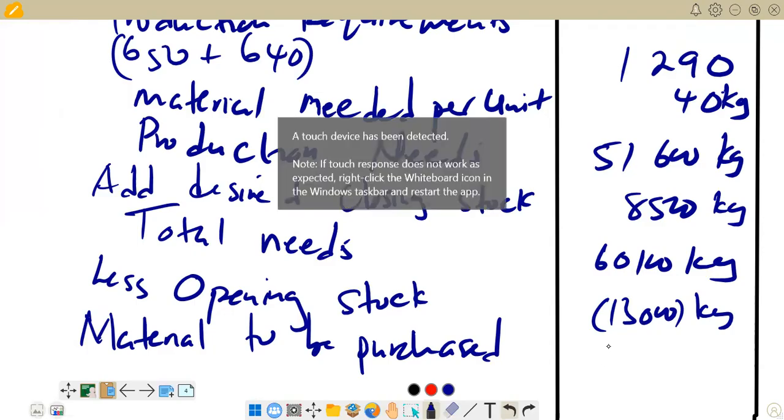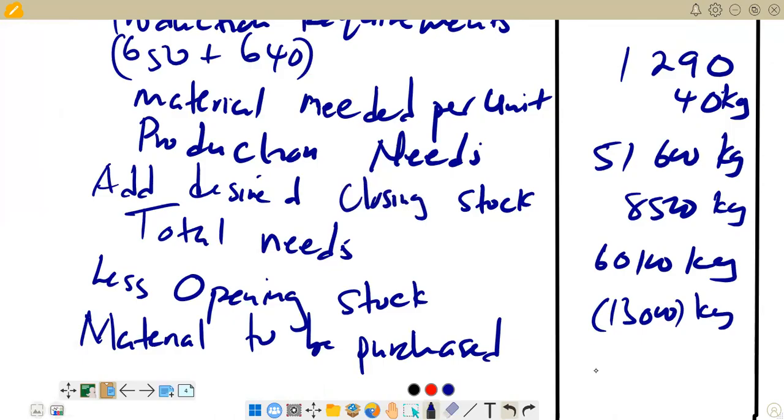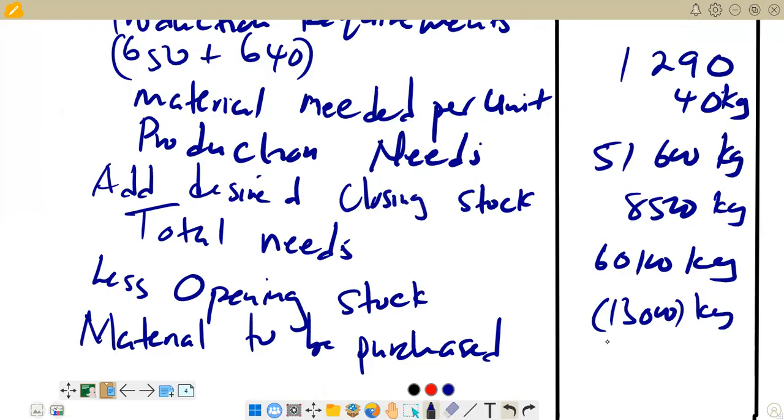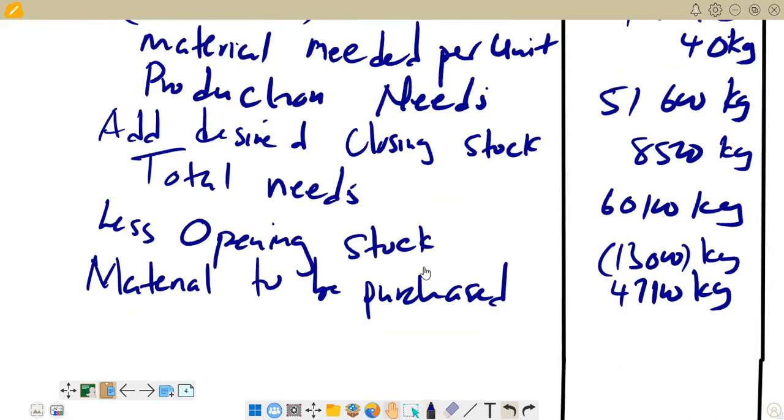So this is the material to be purchased, 47,100 kgs.